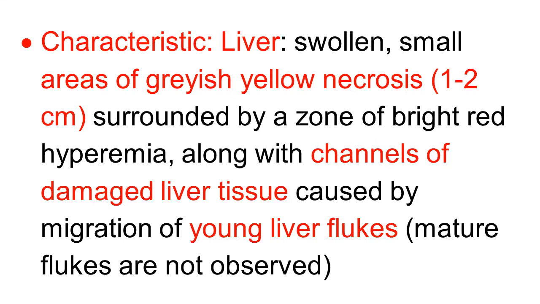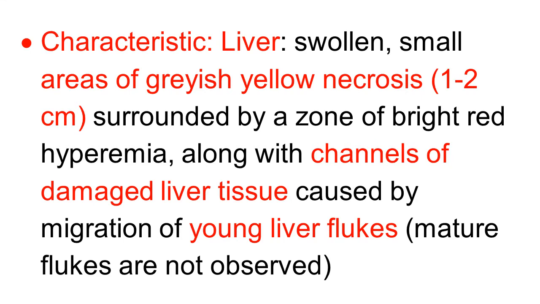Friends, we discuss here characteristic diagnostic lesions of the liver. The liver is swollen, enlarged, with small areas of grayish yellow necrotic parts about 1 to 2 centimeter diameter, and this is surrounded by a zone of bright red hyperemia.